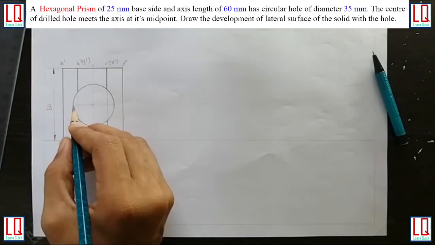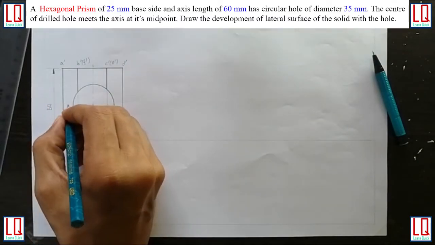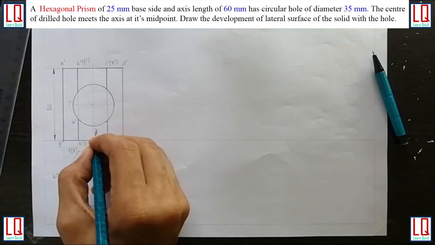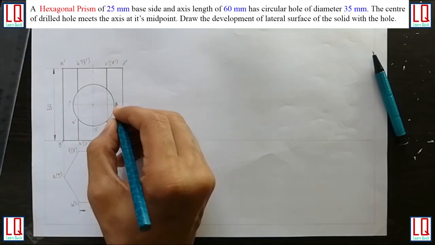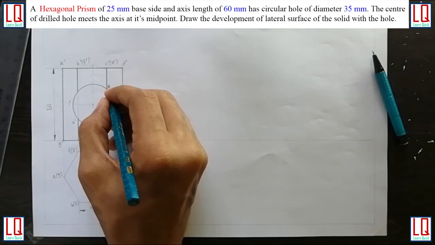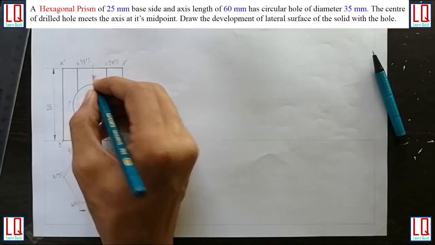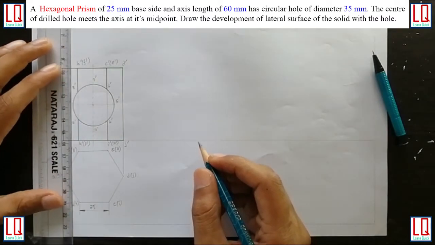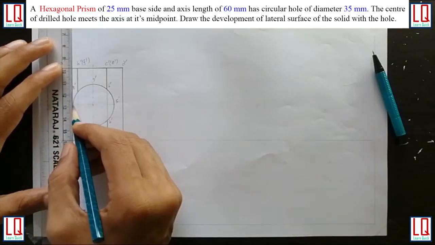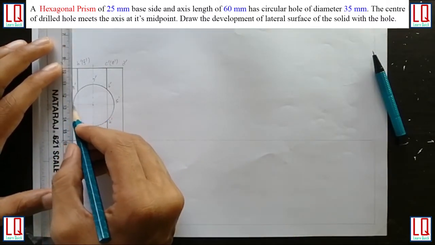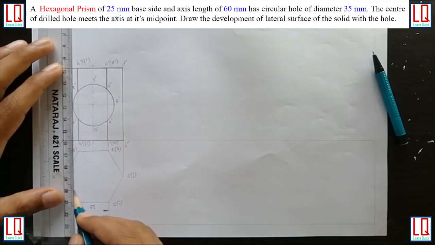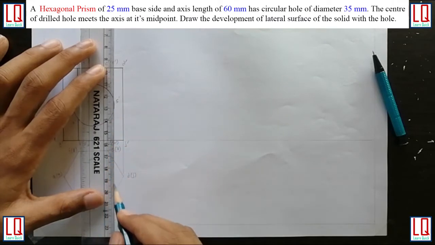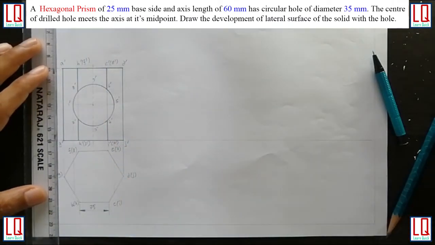Now I will consider this as 1 dash, this point as 2 dash, this point as 3 dash, 4 dash, 5 dash, 6 dash, and then 7 dash, and here 8 dash. Now if I bring this 1 dash to my top view, similarly here.